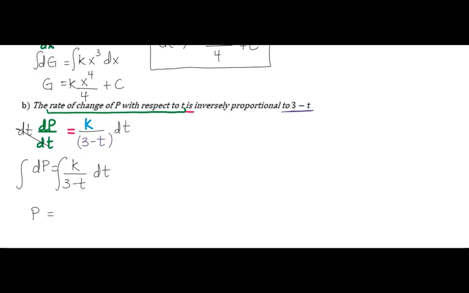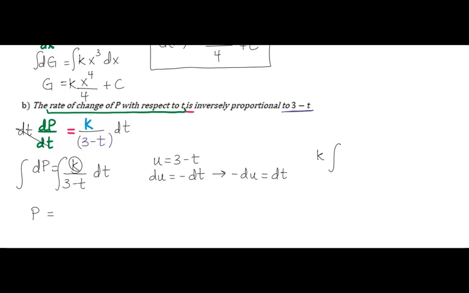On the right side, to integrate k divided by 3 minus t, I'm going to need to use u sub. I'm going to let u equal 3 minus t, which means that my du is a negative dt, which I don't have in the integral, so I'll manipulate that to say that a negative du is equal to dt. The k that's in the numerator of the integral can be pulled on the outside, so I'll just pull the k out.